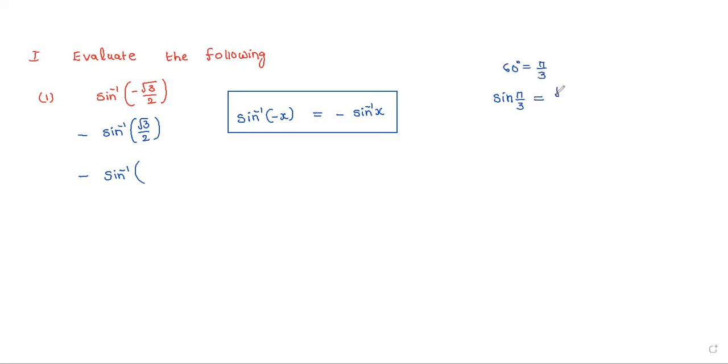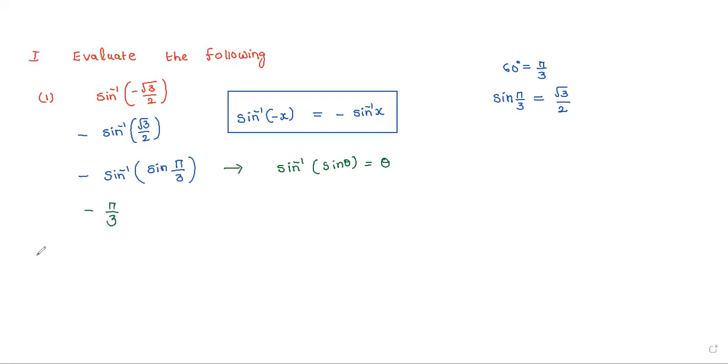Sin 60 degree value is root 3 by 2. So minus sin inverse of sin pi by 3. What is the formula? Sin inverse of sin theta is theta. That is minus pi by 3.